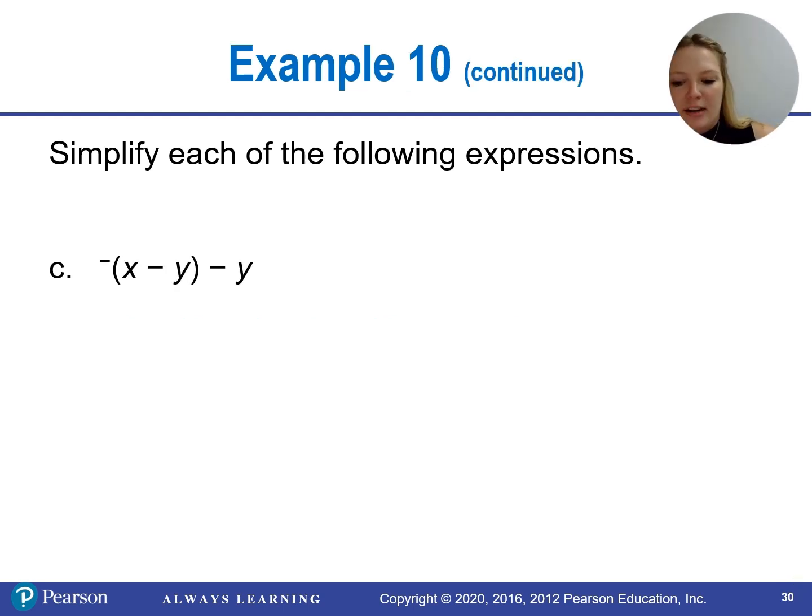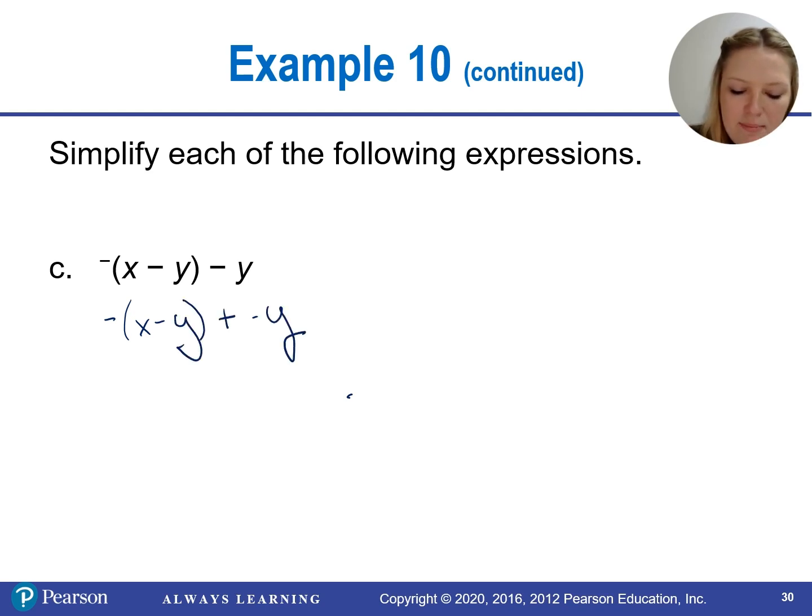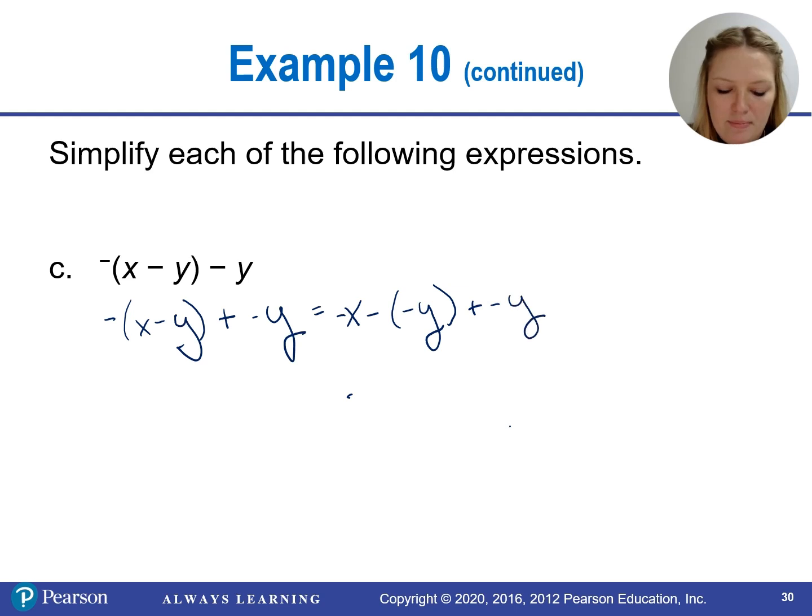If I wanted to simplify this expression, I have negative x minus y. So I could first say negative x minus y is the same thing as negative x plus negative y.